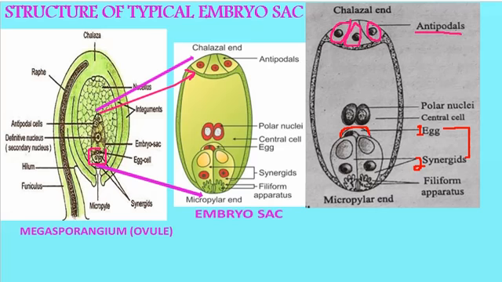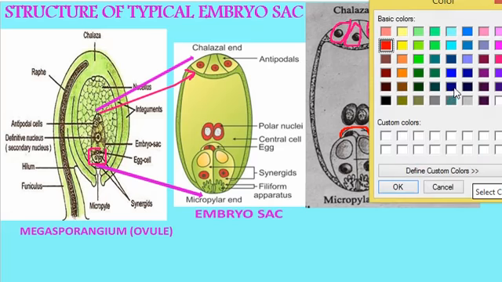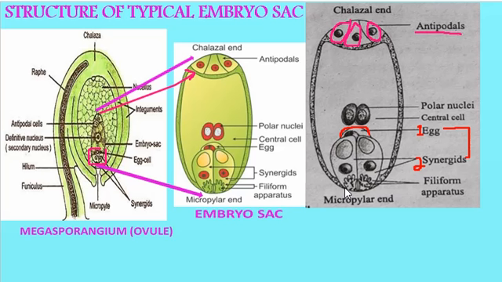And there are 2 synergids. This is 1 synergid, and this is another synergid. These 2 synergids and egg cell together constitute the egg apparatus.